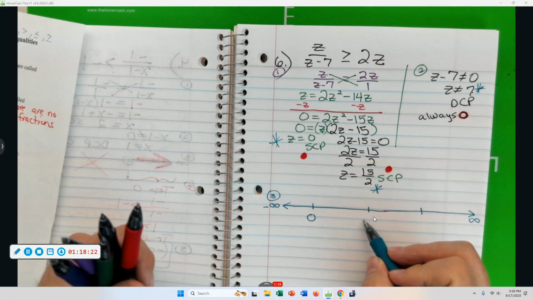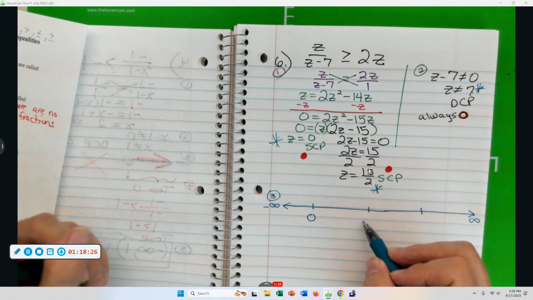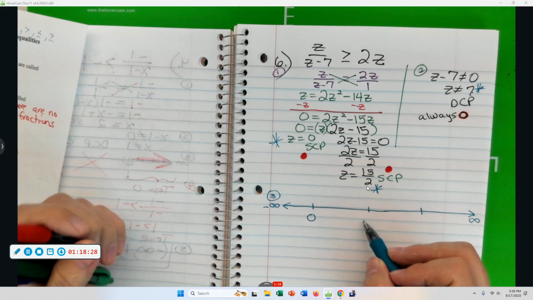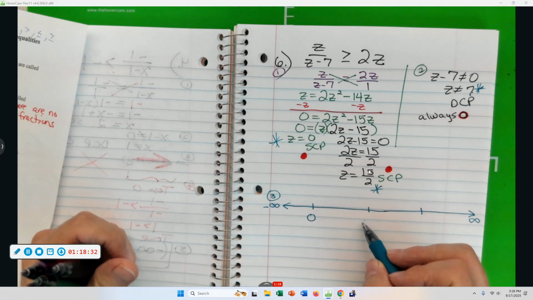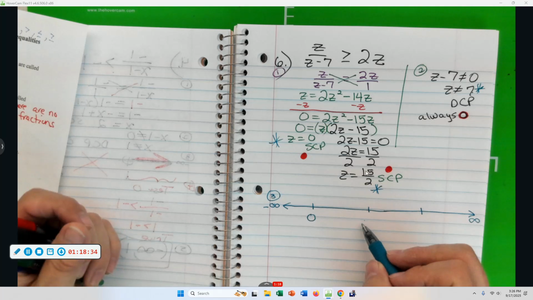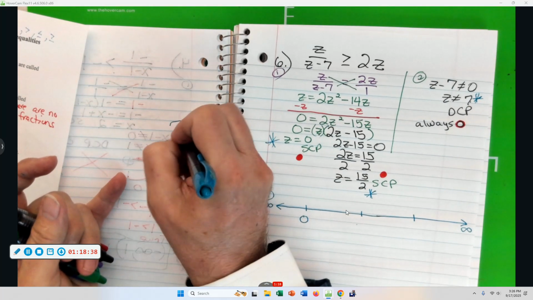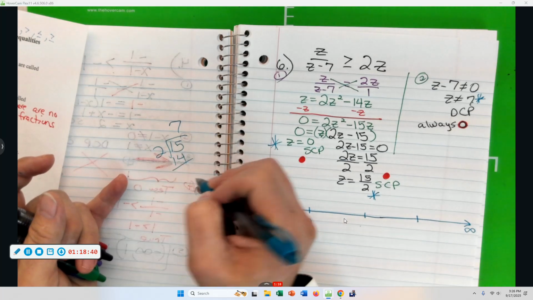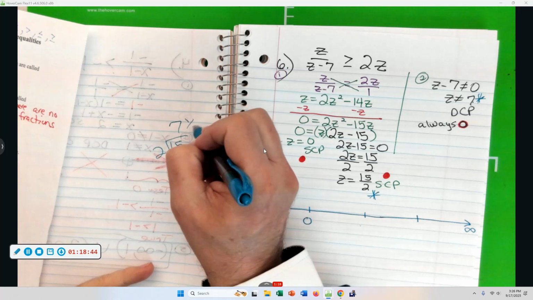Next, is it 15 halves or 7? Think of the 15 halves as a mixed number. How many times does 2 go into 15? 7 times, and a remainder of 1. So that's 7 and a half.